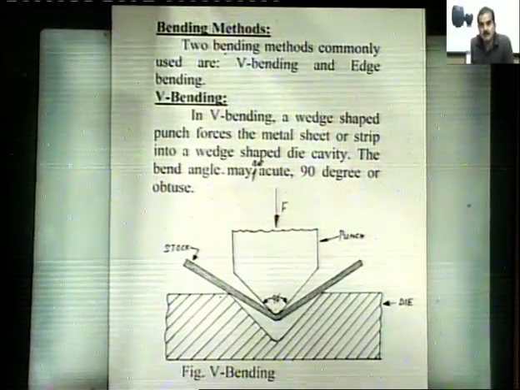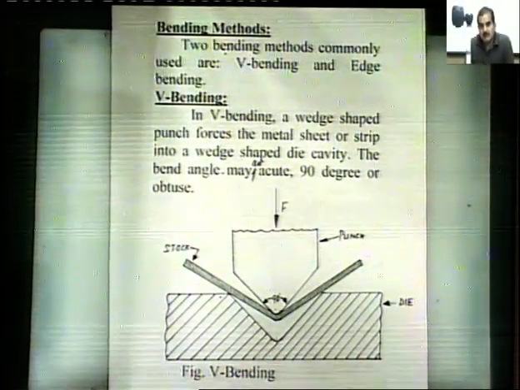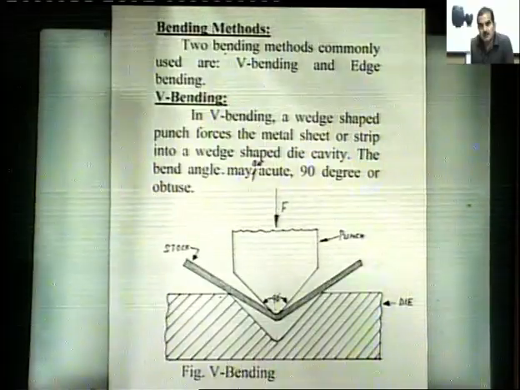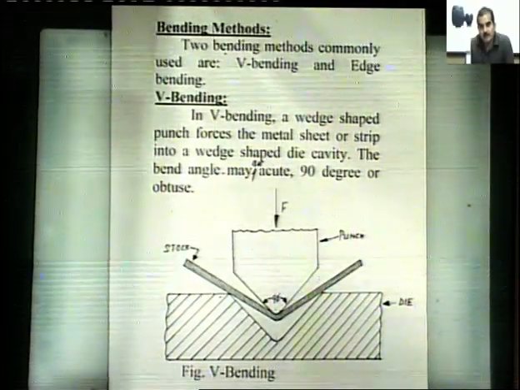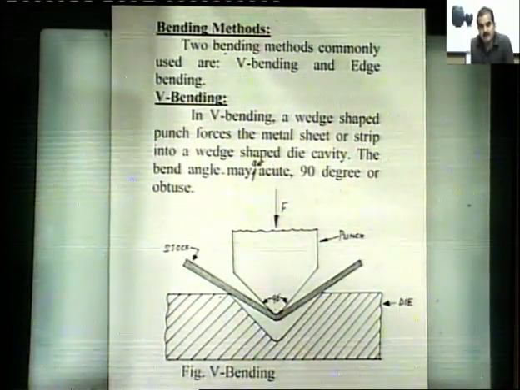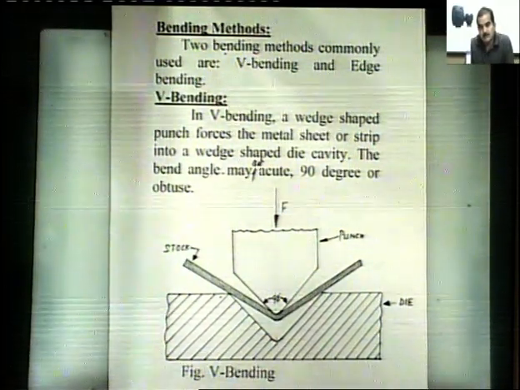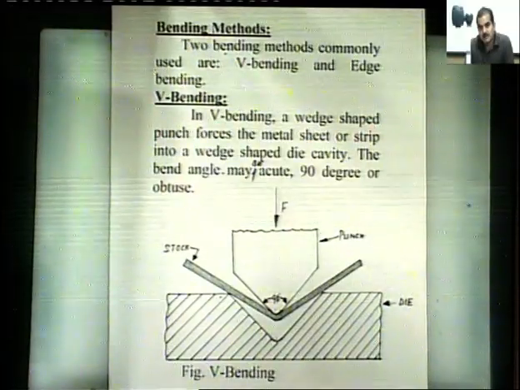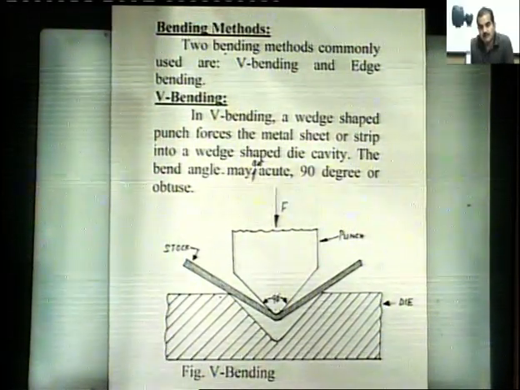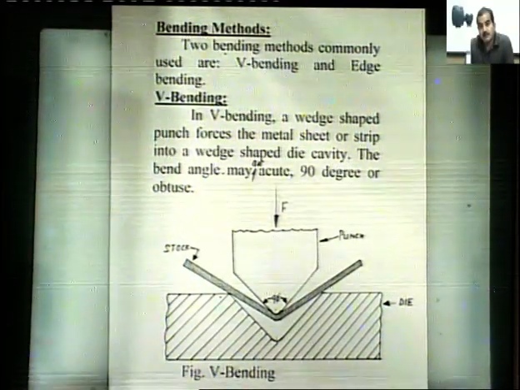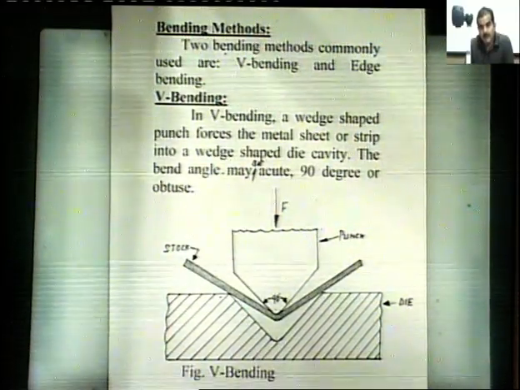Then comes bending methods. Two bending methods commonly used are V bending and edge bending. In V bending, a wedge shaped punch forces the metal sheet or strip into a wedge shaped die cavity.